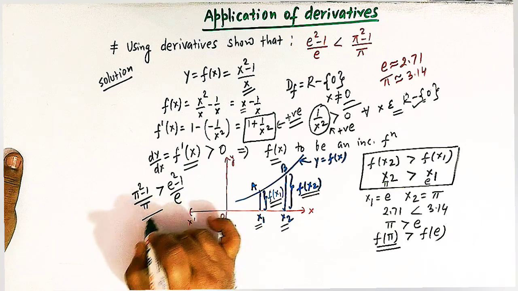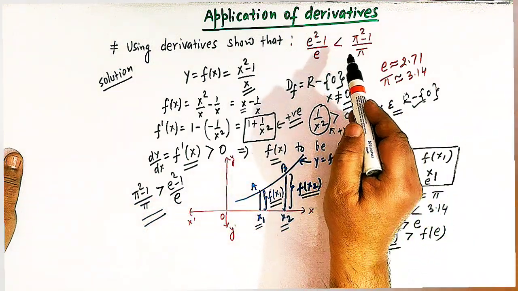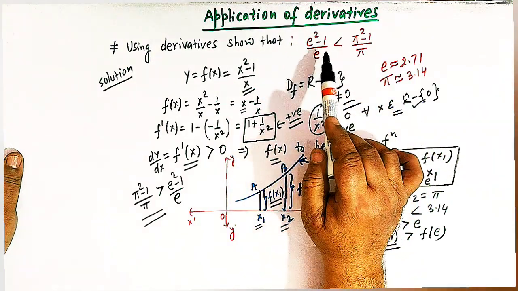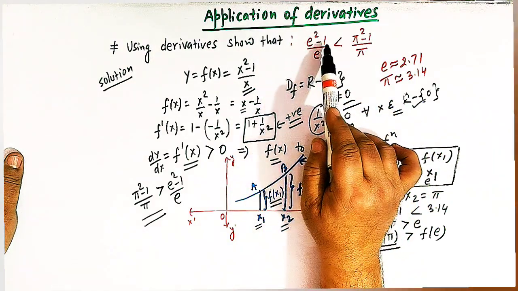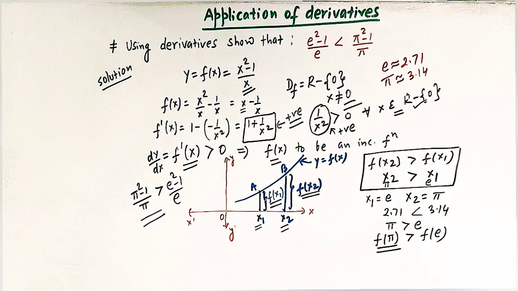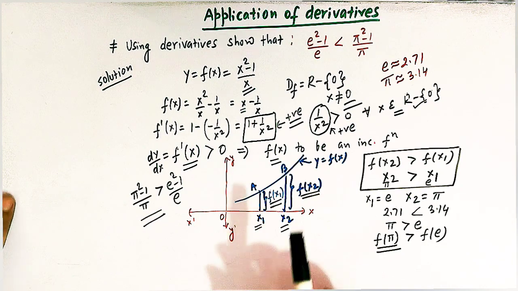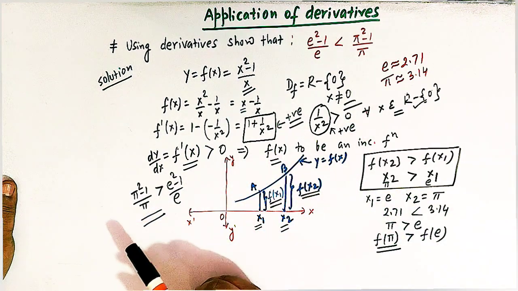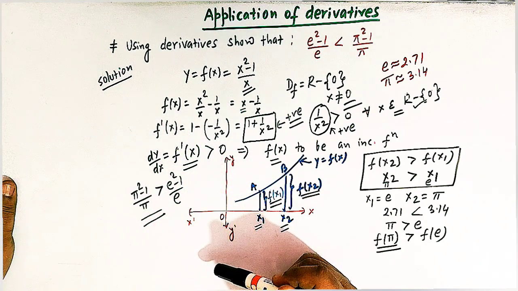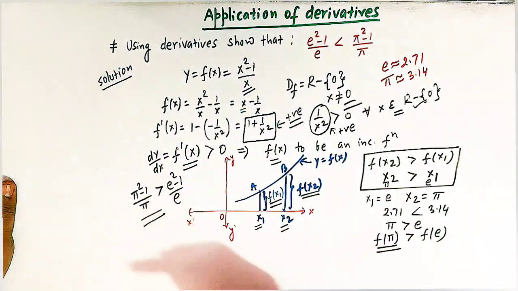This is our desired statement, where we have to prove that e square minus 1 over e is less than pi square minus 1 over pi. So this is how, by the method of increasing functions and the concept of derivatives, we can tackle these kinds of problems.